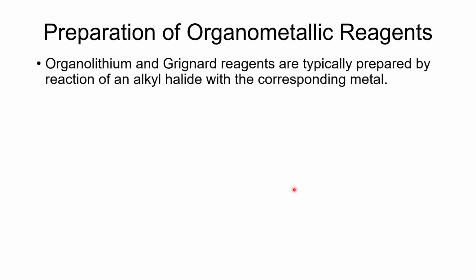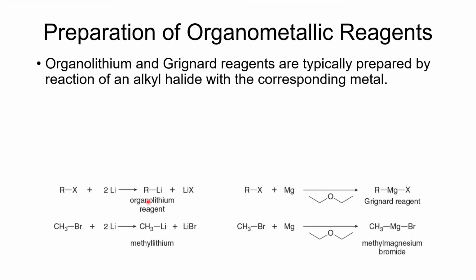So how do we prepare these organometallic reagents? Well, for the organolithium reagent, it's pretty easy. And for the Grignard reagent, it's pretty easy. We typically prepare them by taking an alkyl halide and putting the metal in with that alkyl halide. So for example, with the alkyl halide, if we put 2 equivalents of lithium in, we will get the organolithium reagent and the lithium halide.